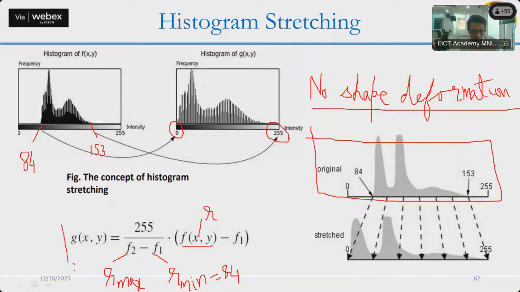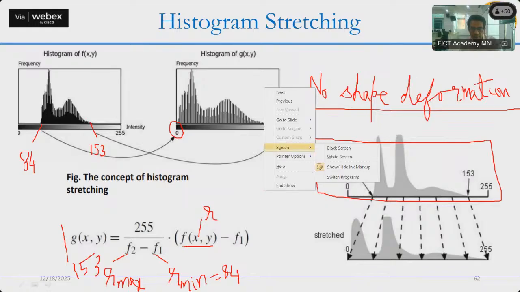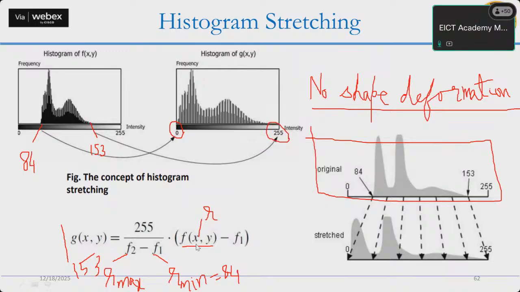What is R max? R max is 153. Now, is it making sense? There should be no problem, please feel free.